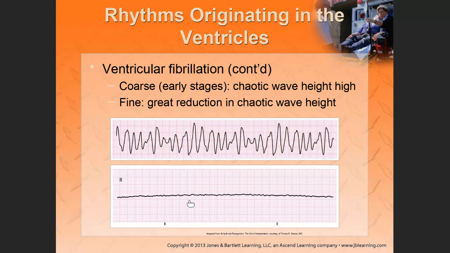Now, anytime you have a patient on your cardiac monitor and you see something that looks like asystole, the first thing you do is you check your patient. Once you see a rhythm change, is there a pulse? So check your patient to see if you have a pulse. That's the first thing.